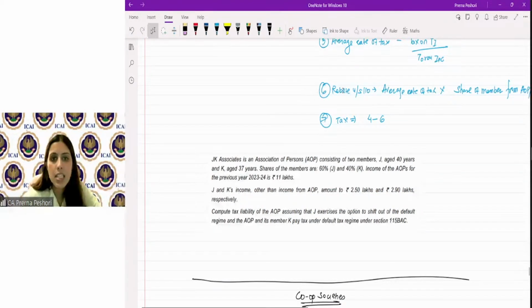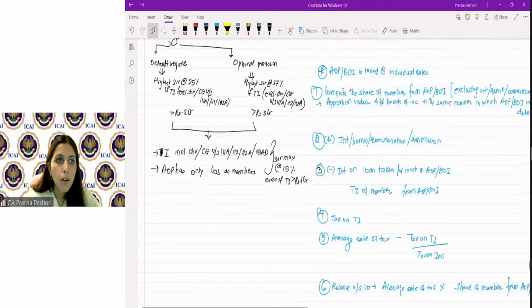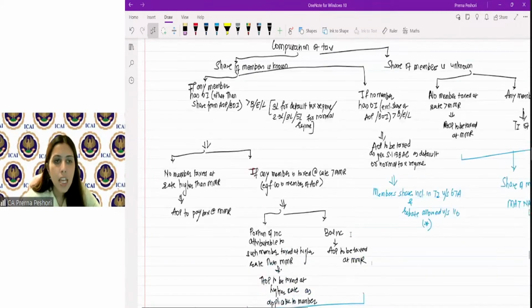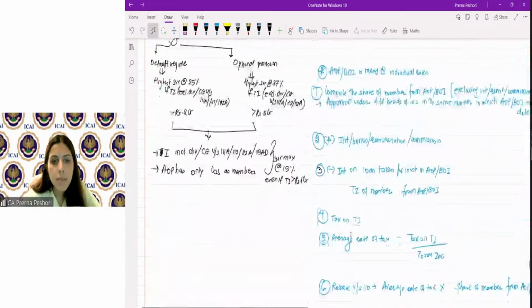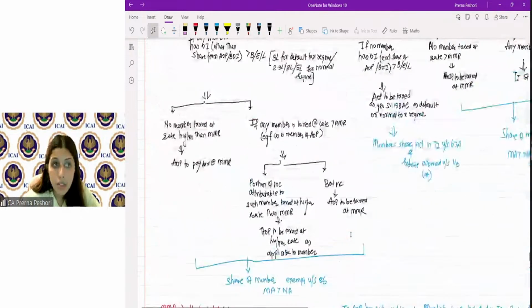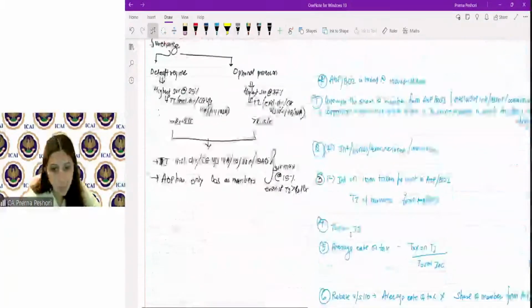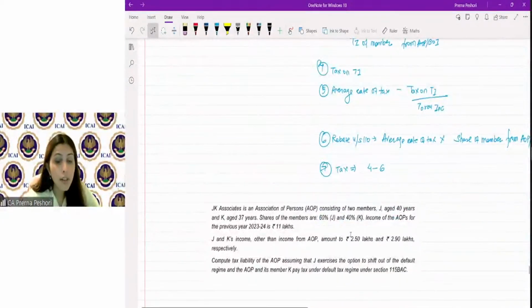So in this case, if you look at the chart above, what did I say? That the shares of the member are known, 60 and 40. Now, whether any member has income greater than the basic exemption limit other than the share from AOP or BOI. So you do not need to consider the share of the AOP or BOI while determining the basic exemption limit if that income is more than the basic exemption limit.